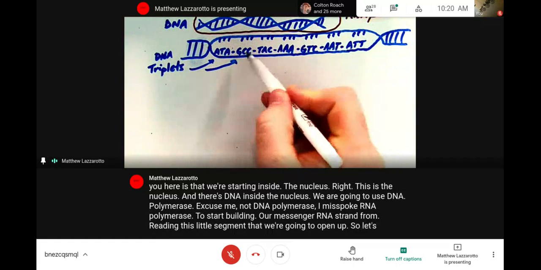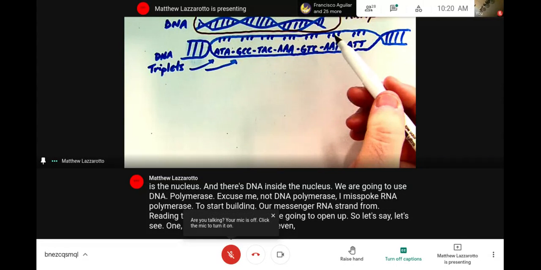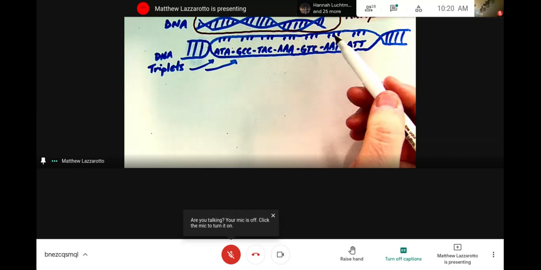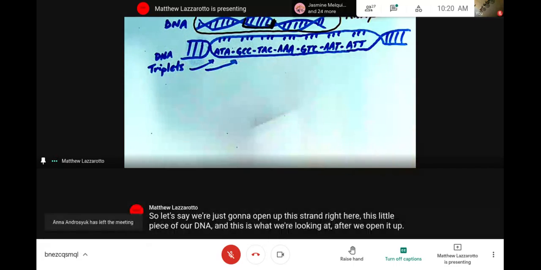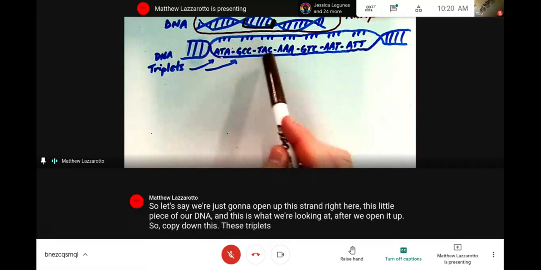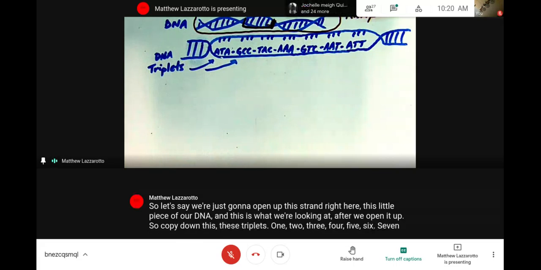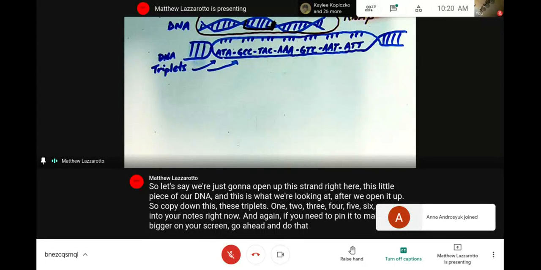So let's see, 1, 2, 3, 4, 5, 6, 7. So let's get this RNA, and this is what we're looking at after we open it up. So copy down these triplets, 1, 2, 3, 4, 5, 6, 7, into your notes right now. And again, if you need to pin it to make it bigger on your screen, go ahead and do that. Easier to read.